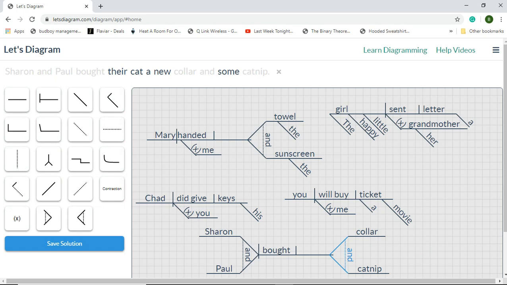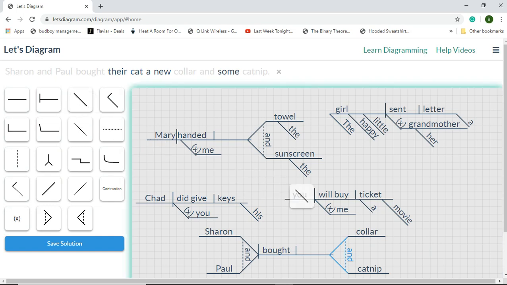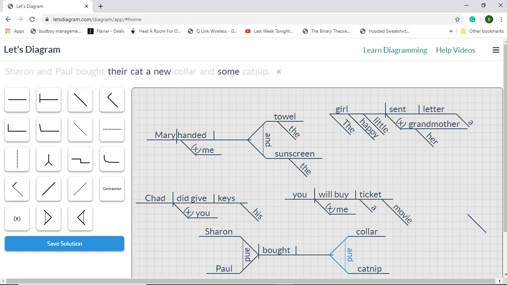Let's see what's left. So cat, who are they buying it for? Who do they buy it for? They bought it for their cat, right? So that would be our, oh, I can't believe I did that. Alright, I'll add that last. Okay, so they bought it for the cat.